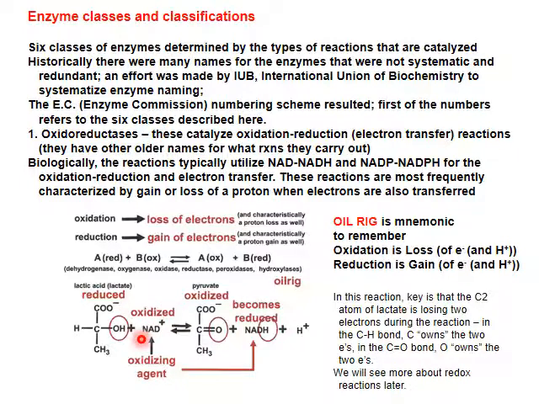But notice the role of this oxidizing agent is that you have an alcohol, and it gets oxidized to a carbonyl group. So if you were to calculate the oxidation number on this carbon, you would see the number change accordingly.